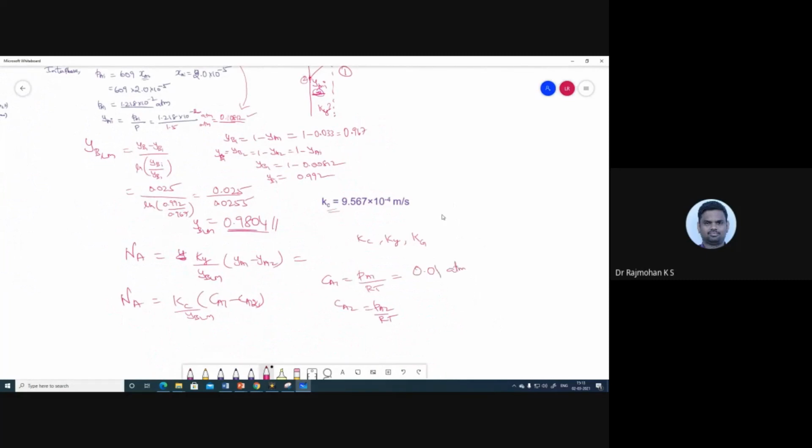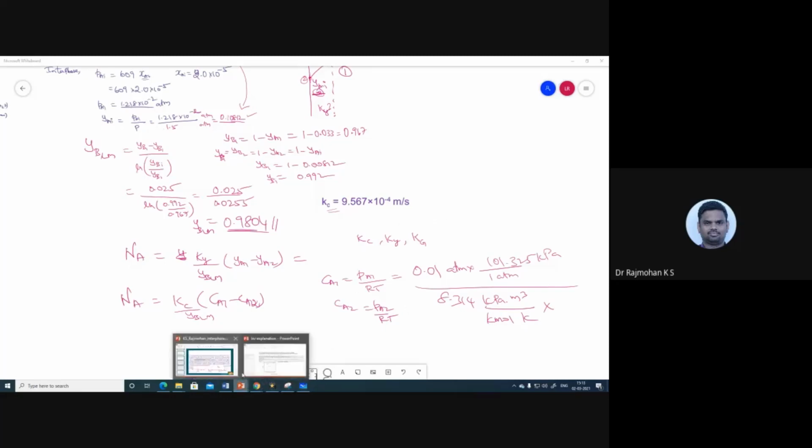Taking the atmosphere, converting it using 1 atmosphere equal to 101.325 kilopascal, and dividing by R, 8.314 kilopascal meter cube per kilomole Kelvin, into temperature. So what is the temperature here? 273 plus 30, that is 303 Kelvin.